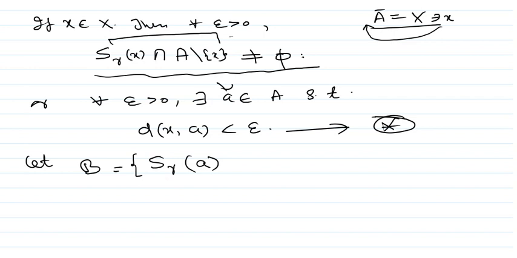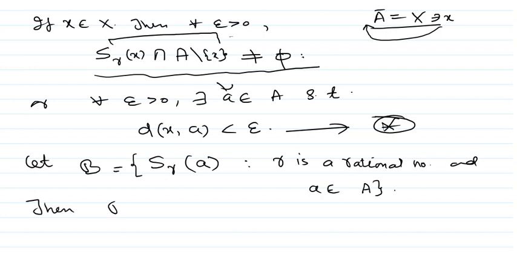So I will write this: r is a rational number and a belongs to capital A.